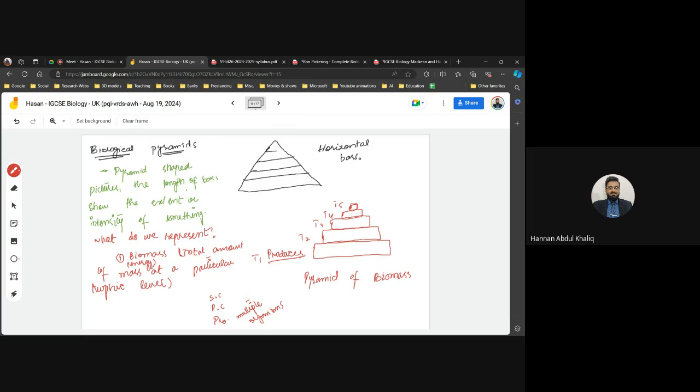Yes. So the same kind of setup, when we represent it in the form of a pyramid, we make the pyramid of biomass: multiple organisms per trophic level.